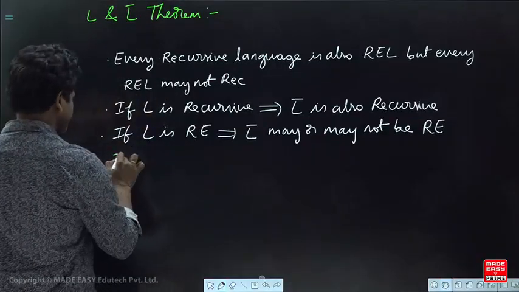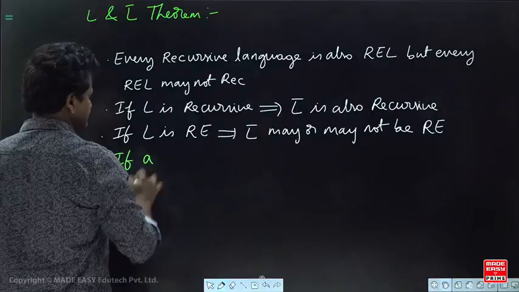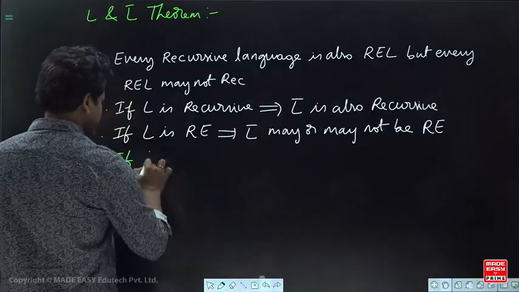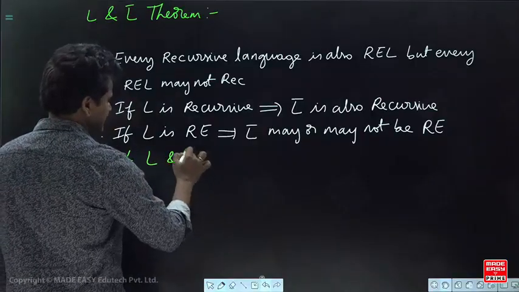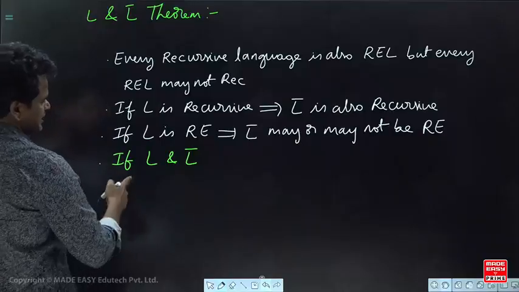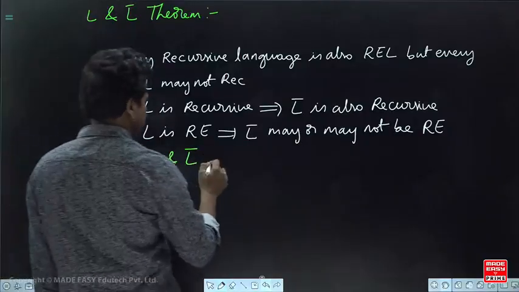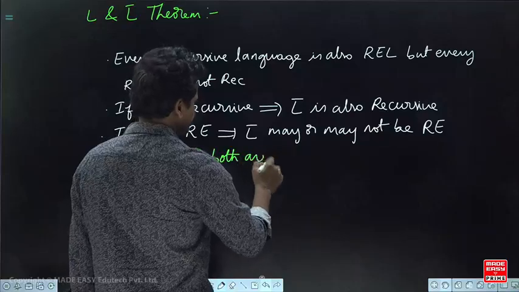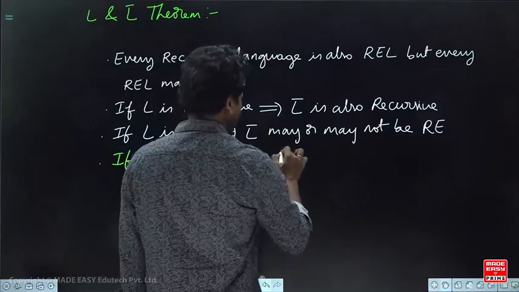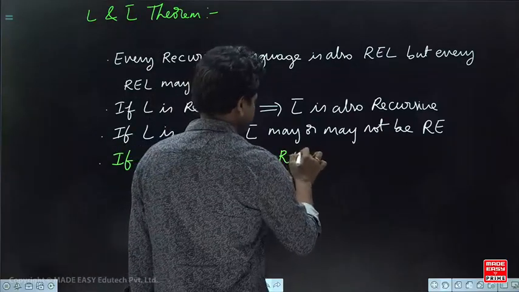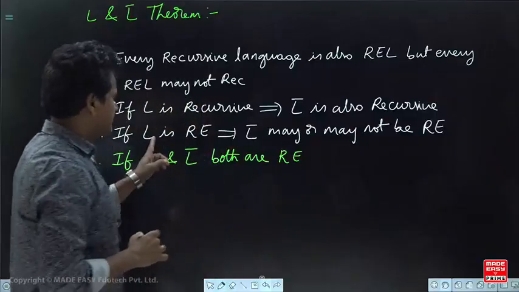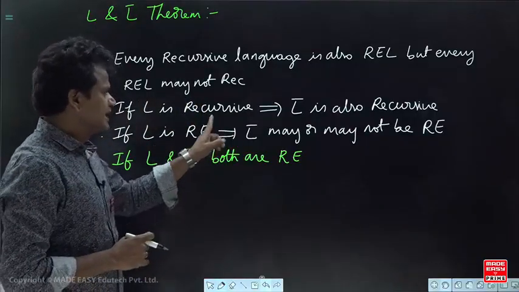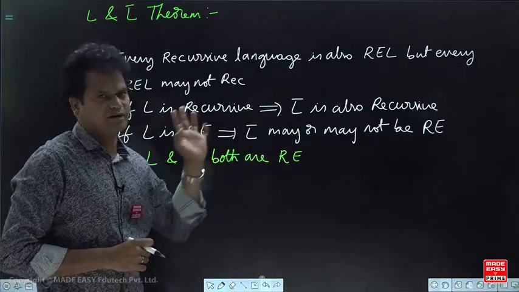If a language L and its complement L bar, are you following? If a language L and its complement L bar both are RE... actually guys, if a language is RE, L bar may or may not be RE.